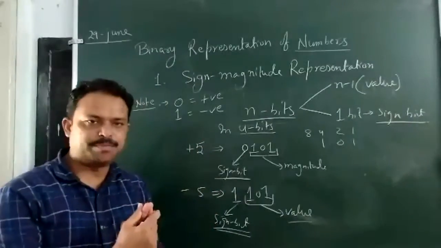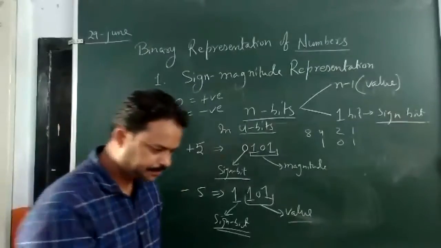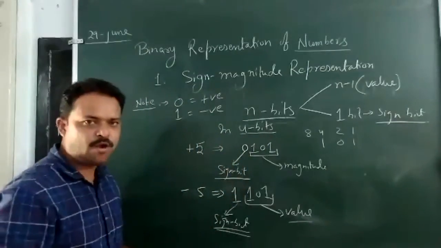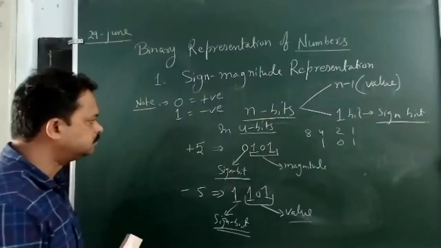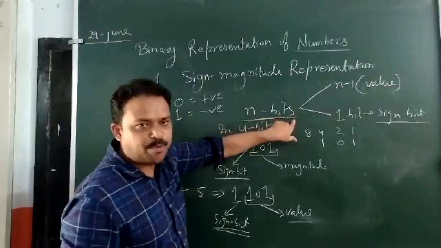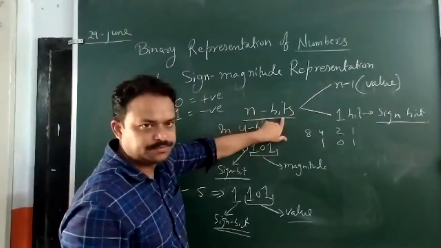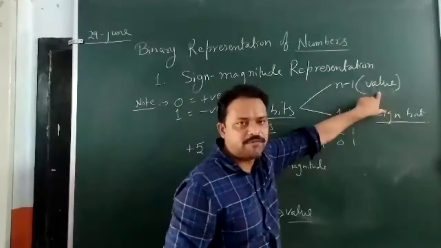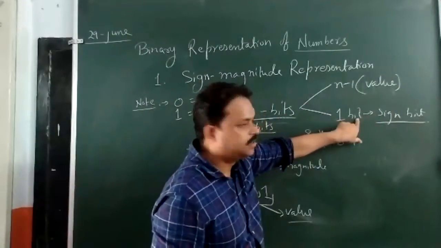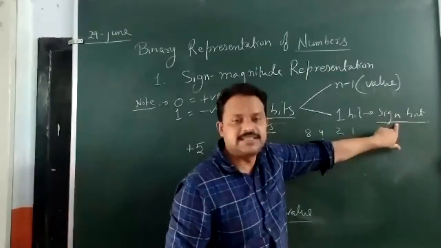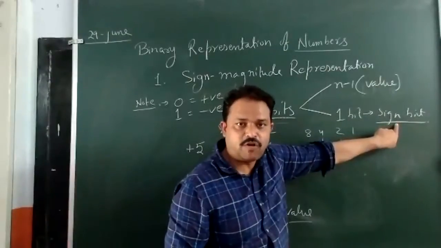I am going to take another example. Have you noted this one down? This is the important point. With n bits, n minus 1 is for value, and 1 bit is reserved for the sign bit.